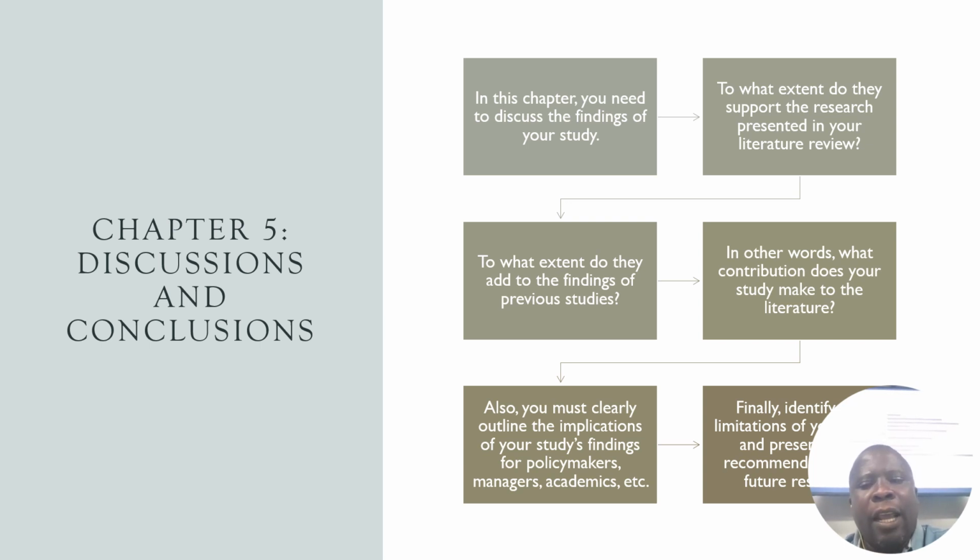Don't forget that a literature review is a survey. So we want to see how your results support the survey that you have been doing in the literature review. To what extent do they add to the findings of previous studies? Your results, how are they supporting those previous studies?